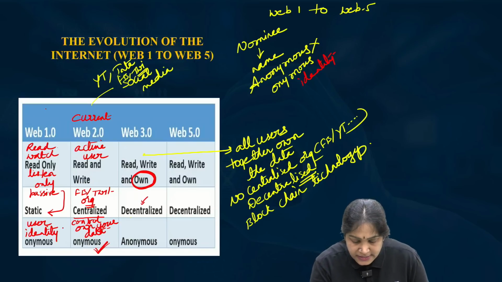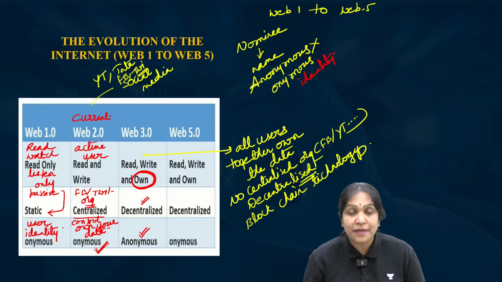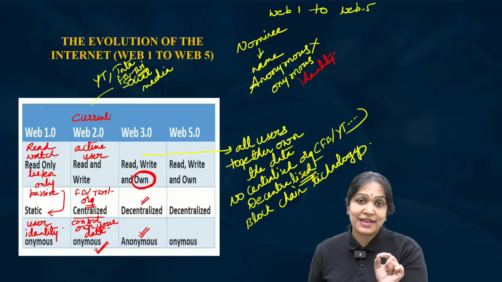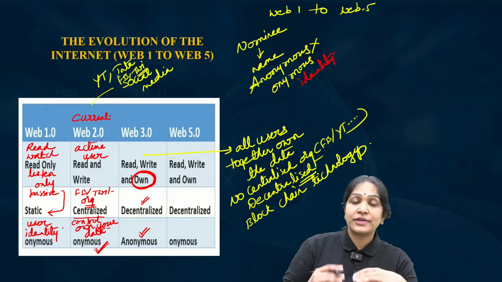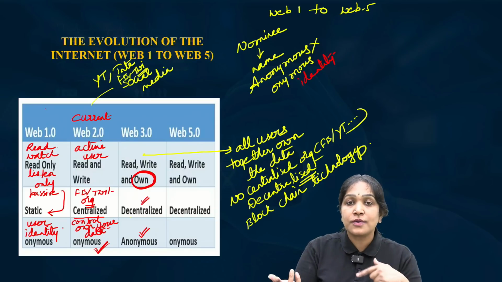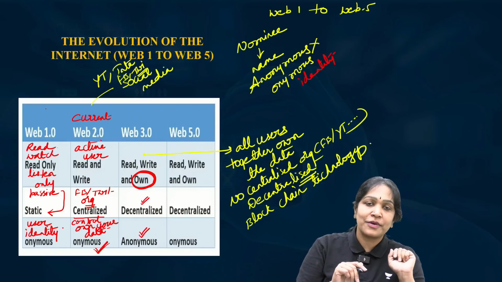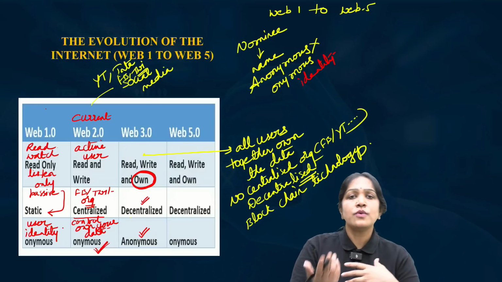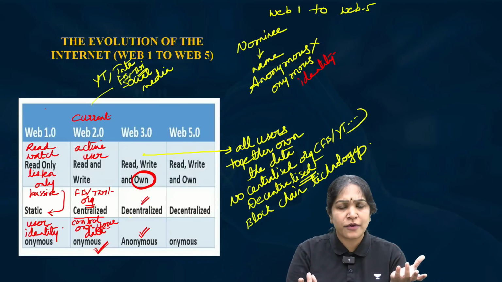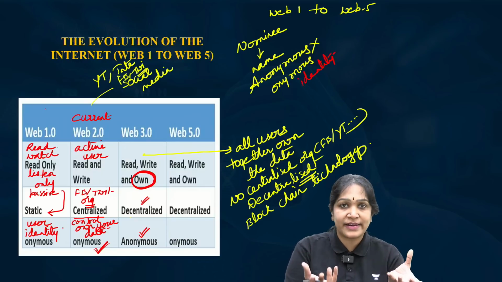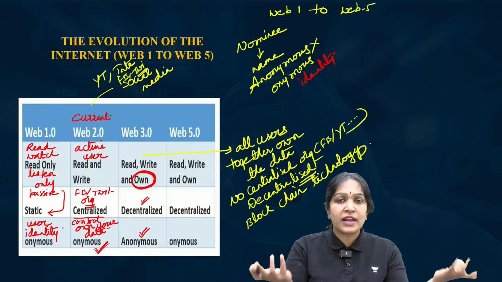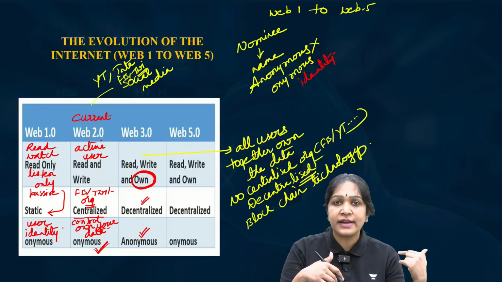Decentralized. Next, anonymous. The problem in Web 3 is, if we upload this video, you will not know who uploaded this video. Why do we use social media platforms? Only for identity. For example, we upload videos for the identity.